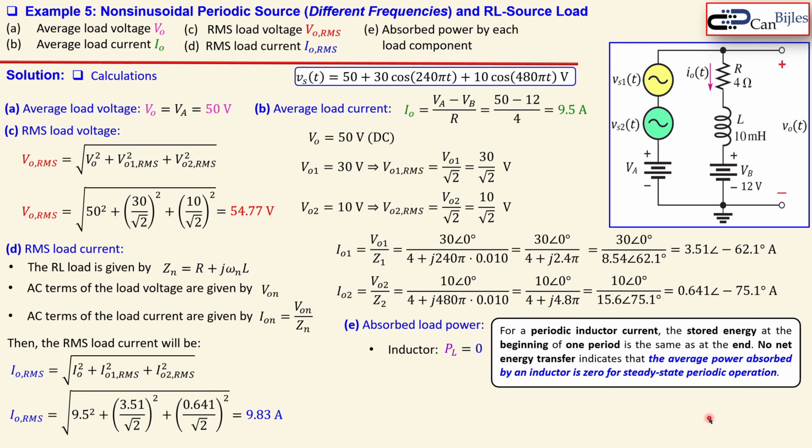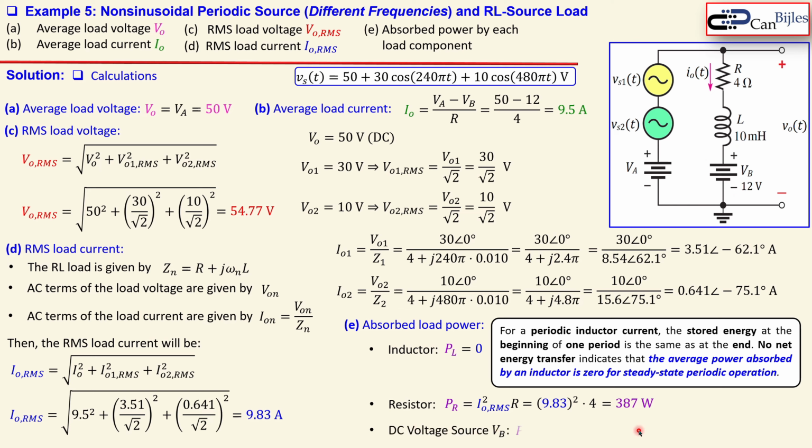It's also the same for the capacitor. Now for a resistor, we already know that from the previous example, so it is IO RMS squared times R, and we know what our RMS current is. We just substitute that here, square that, and then times 4, you get now this 387 watts approximately. For the DC source, we look at the average load current and also the value of this battery.